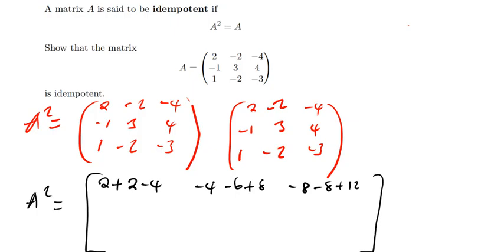Okay, next is the second row with the first column, then we'll go to the others, just like that.